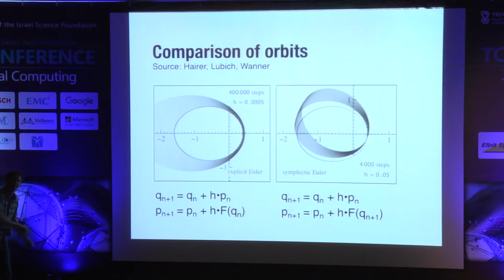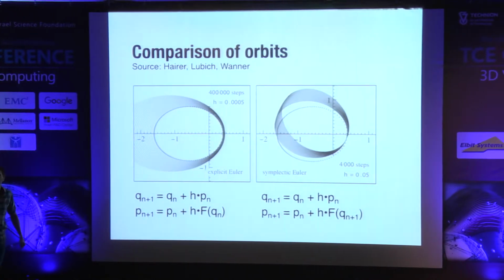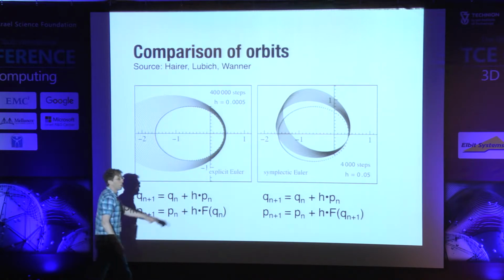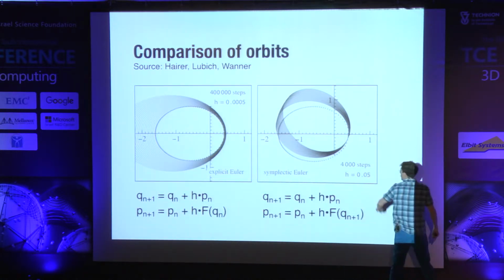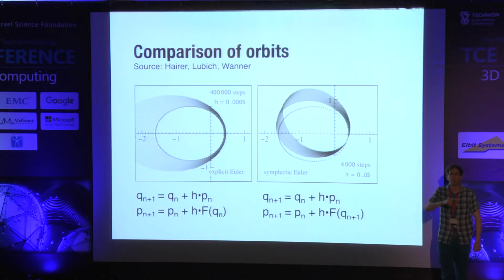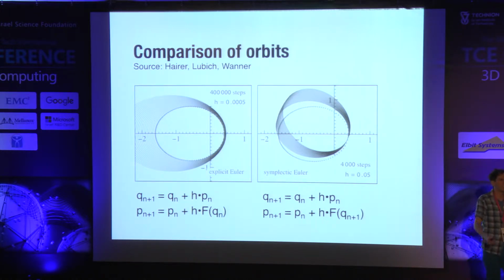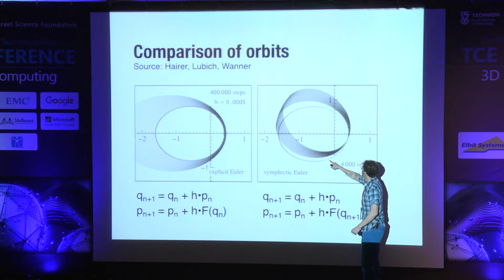You run it long enough, and the planet goes off to Alpha Centauri. That's just how it is. With symplectic Euler, on the other hand, you can run at time steps 100 times bigger, and you retain a qualitatively elliptic trajectory. Now, is it perfectly accurate? No. The accurate solution is this dotted line here.